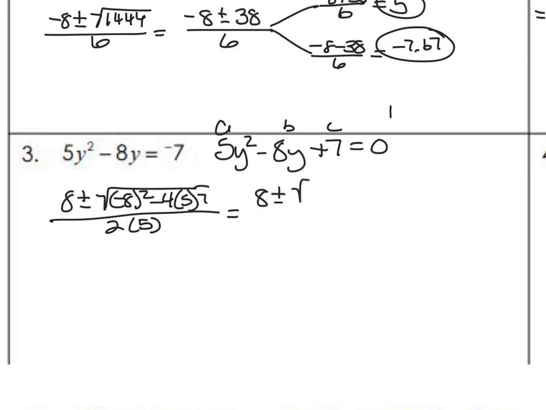It's going to be negative 76. And if your discriminant is a negative, it means no solution.